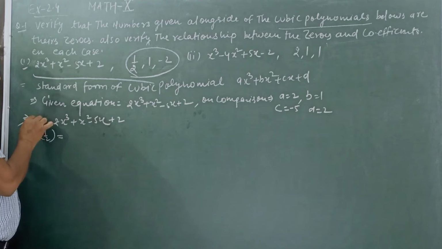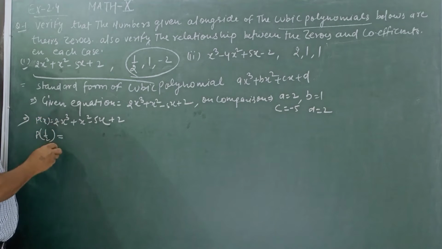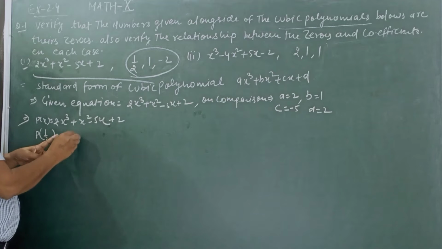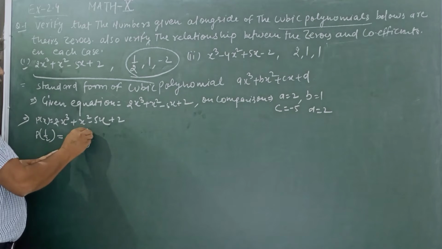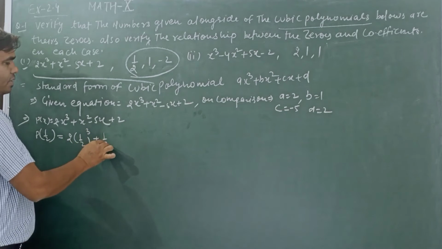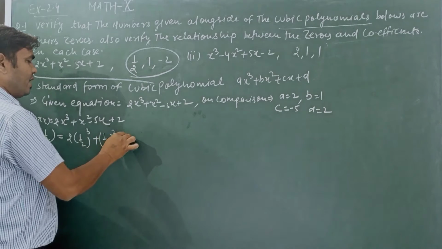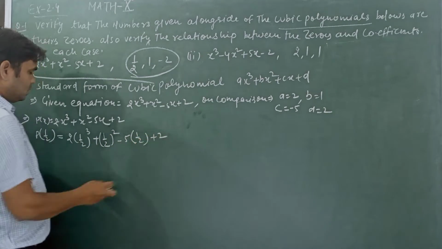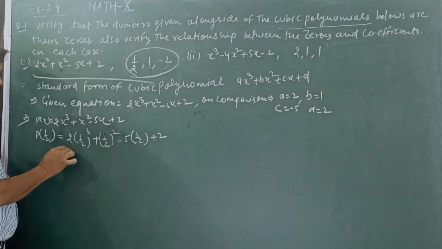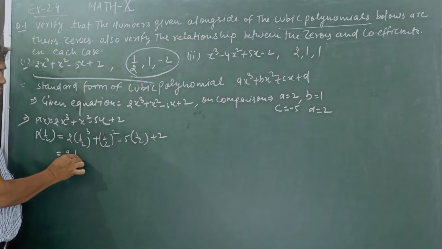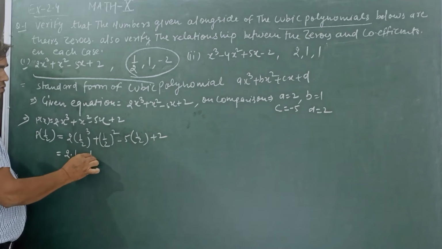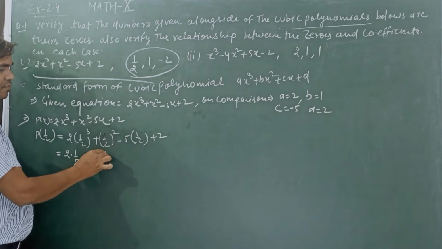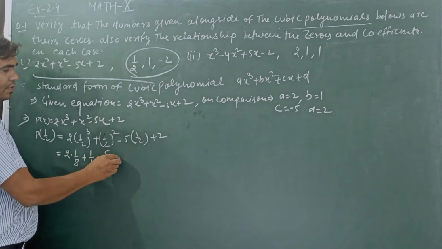So we put the value 1 over 2: 2 times 1 over 2 cube plus 1 over 2 square minus 5 times 1 over 2 plus 2. So here we get 2 times 1 over 8 plus 1 over 4 minus 5 over 2 plus 2.